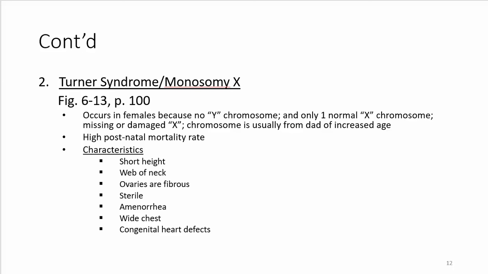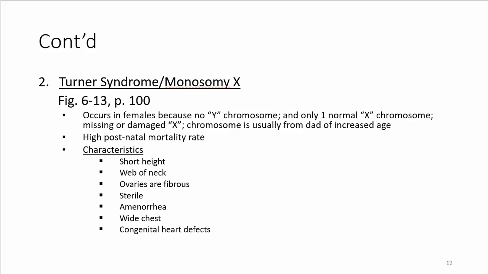There's something called Turner syndrome. Now, Turner syndrome is monosomy, but it's not of an autosome. It's of the sex chromosomes. So monosomy X is when one of the parents doesn't give a sex chromosome. If there's only a Y chromosome, monosomy Y, that's incompatible with life.